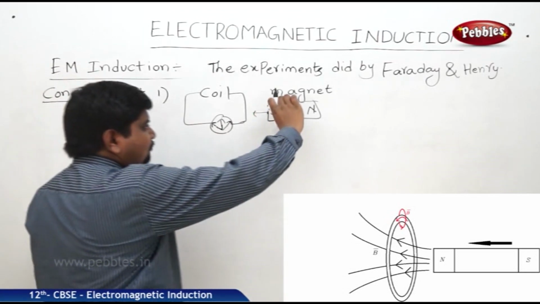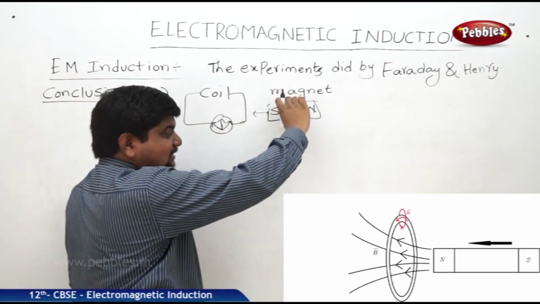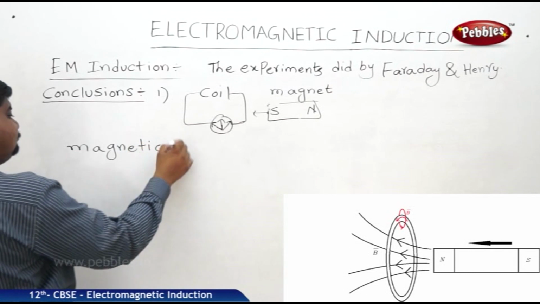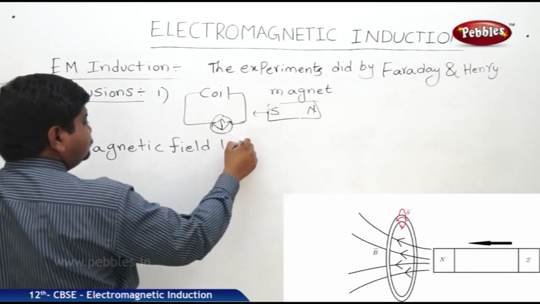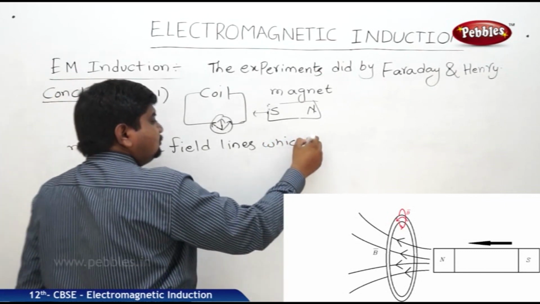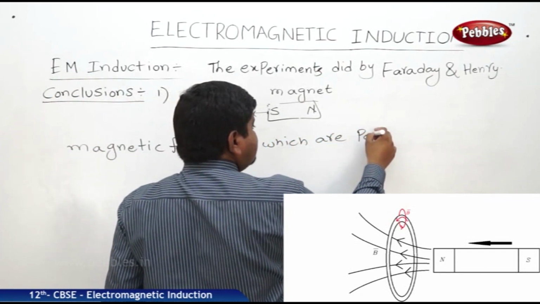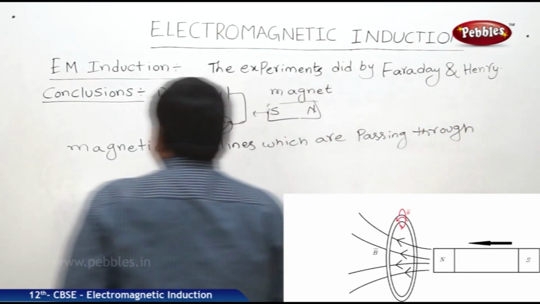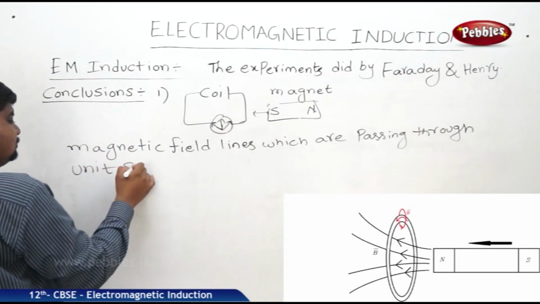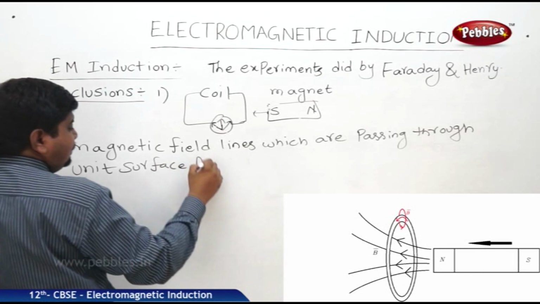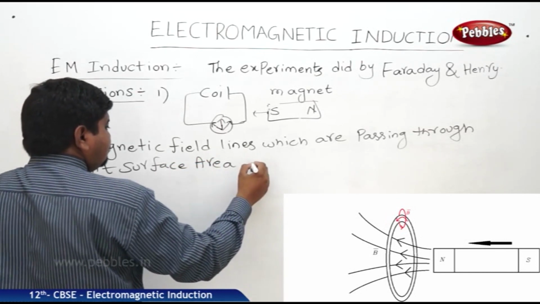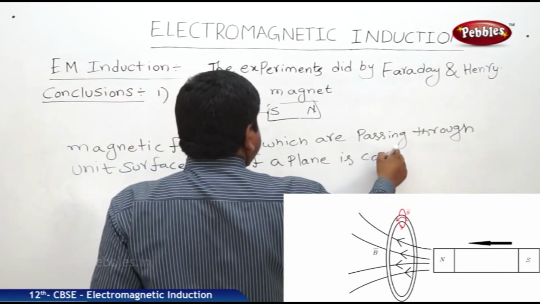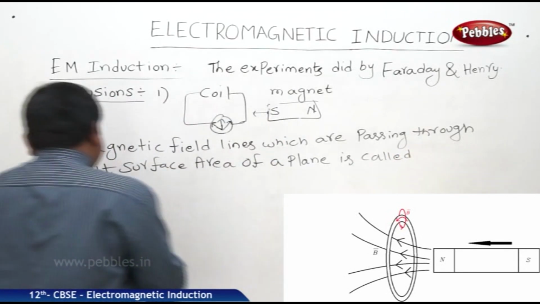That means the magnet creates the magnetic flux. This flux is nothing but magnetic field lines passing through unit surface area of a plane, and it is called magnetic flux.